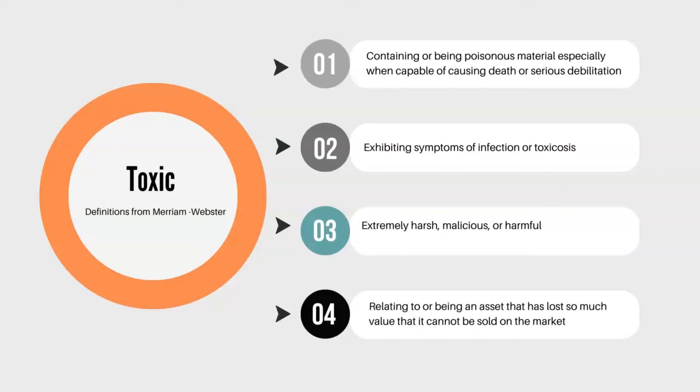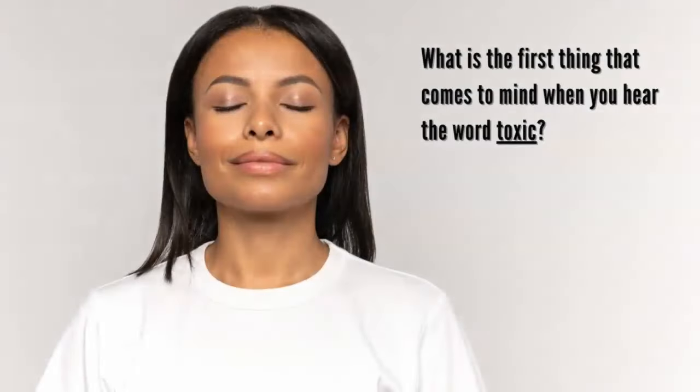And 4, relating to or being an asset that has lost so much value that it cannot be sold on the market. As you can see, there was nothing good about the word toxic.